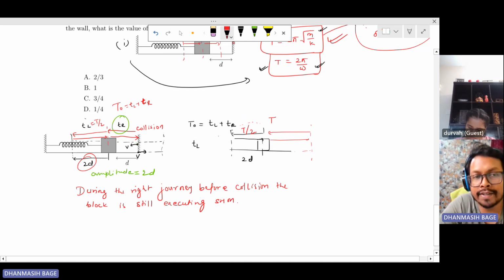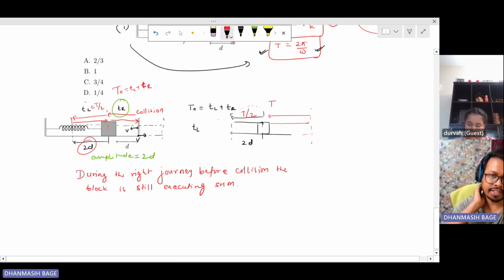Just before the collision, it was performing SHM.